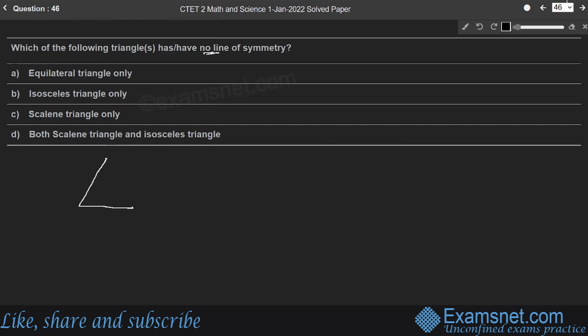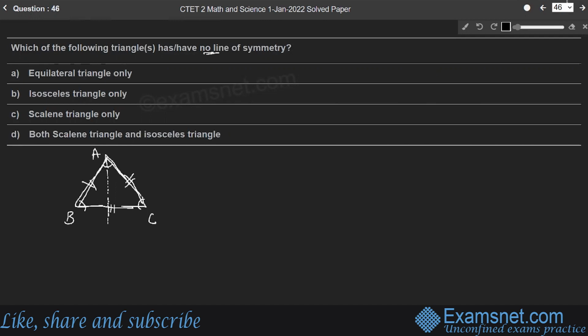In an equilateral triangle, consider ABC roughly as an equilateral triangle which has three equal sides and equal angles, right? So a line from the vertex, when it passes through the opposite side, it meets the midpoint.